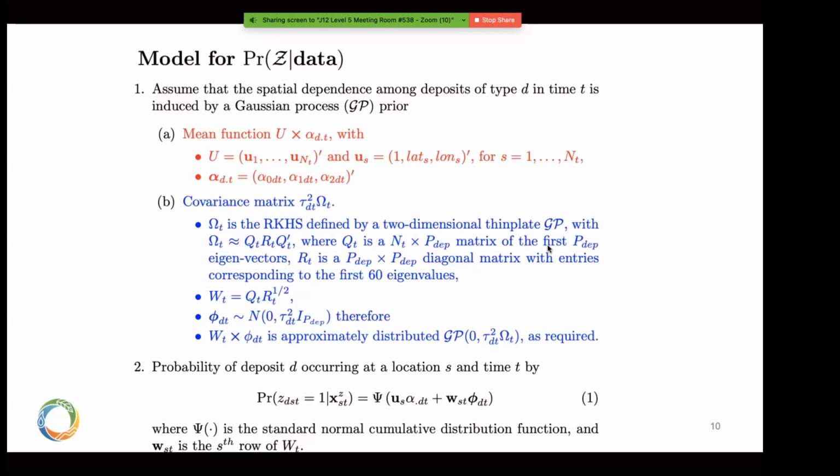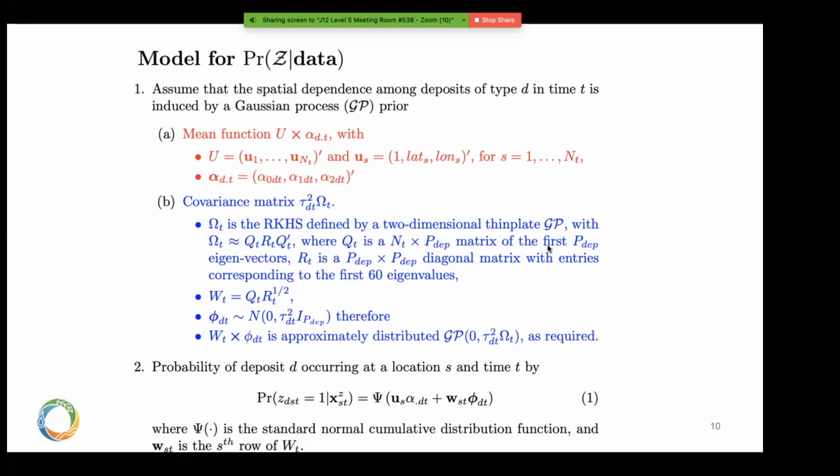That's our covariance matrix, and that changes for each time period, and we've just decomposed that covariance matrix by doing an eigenvalue decomposition of it, and we get computational efficiency because we just truncate.